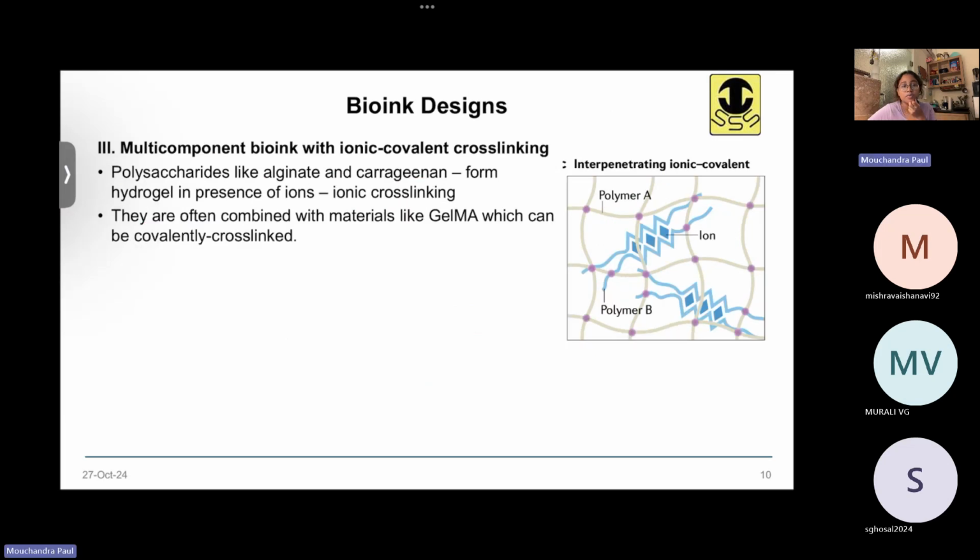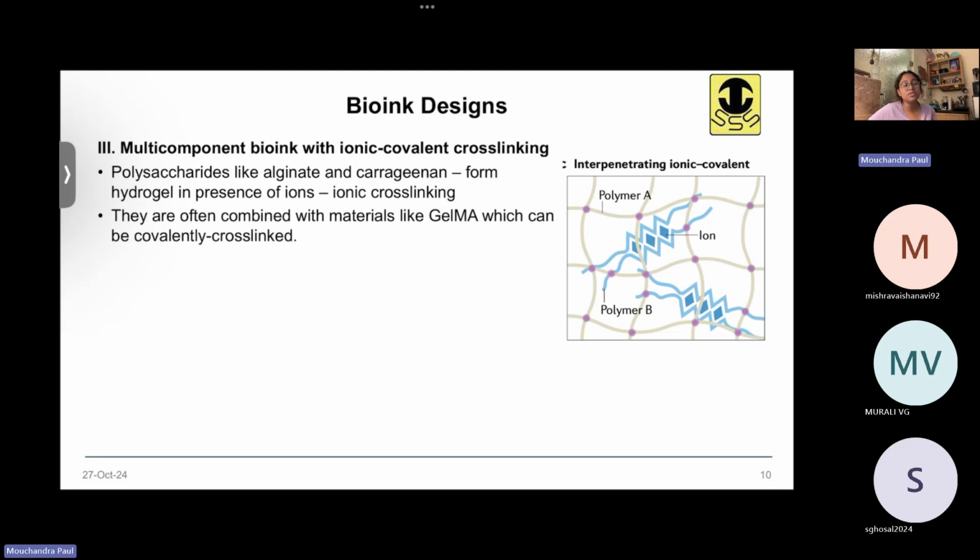Now you can also make multi-component bioinks, where you mix two or three types of polymers with each other to make a bioink. This is a very common approach when you're using, let's say, GelMA or PEGDA, which I told you are inherently not very viscous in nature.